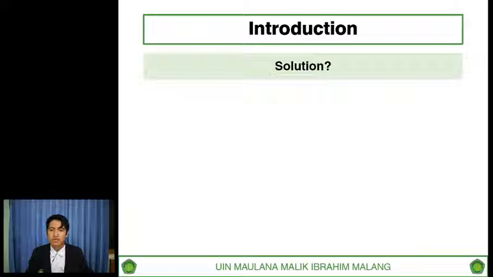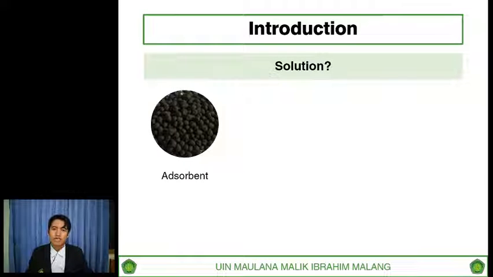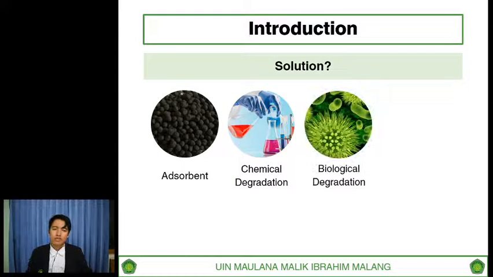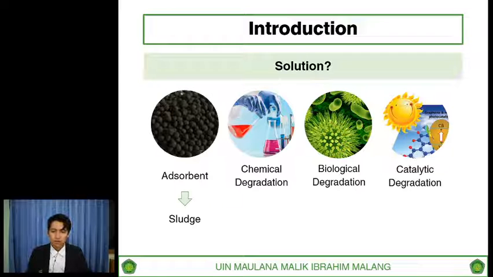So what are the solutions for this problem? The first one is using adsorbent. The second one is using chemical degradation. The third one is using biological degradation. The last one is catalytic degradation. But using adsorbent produces another problem because it produces sludge.